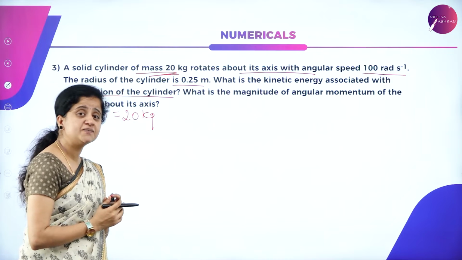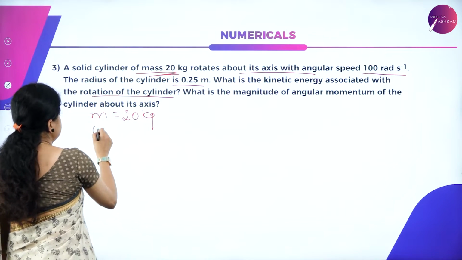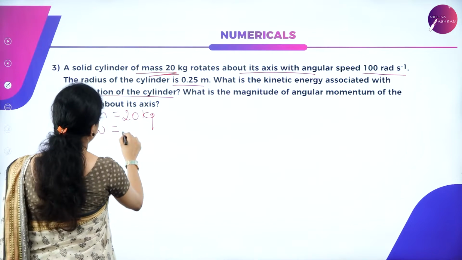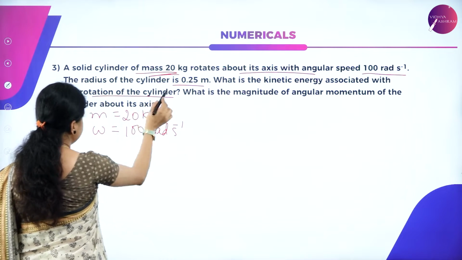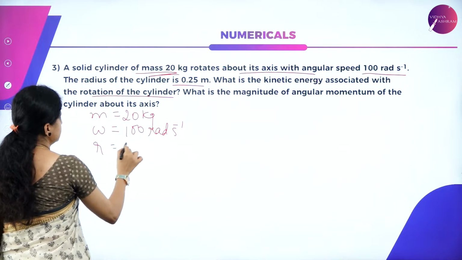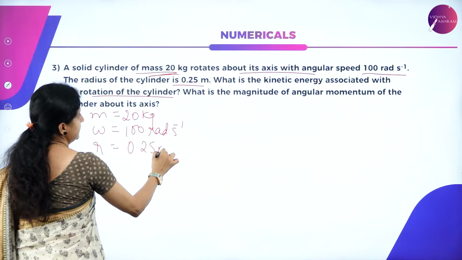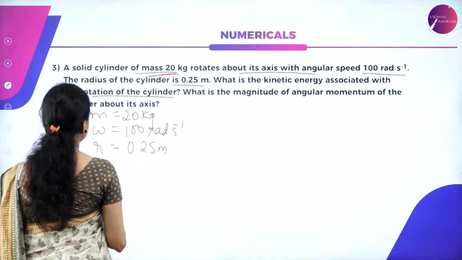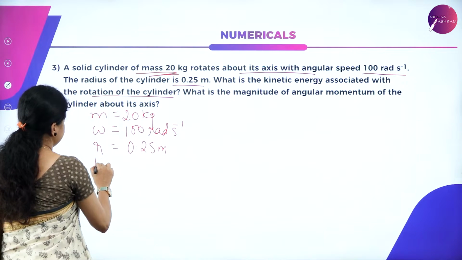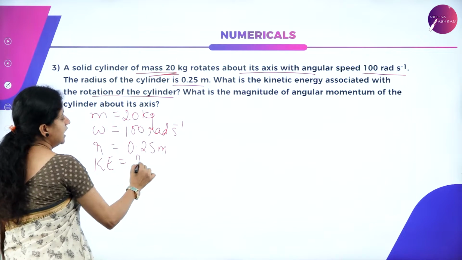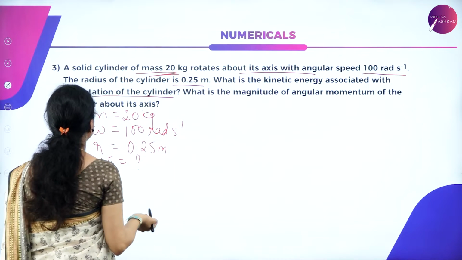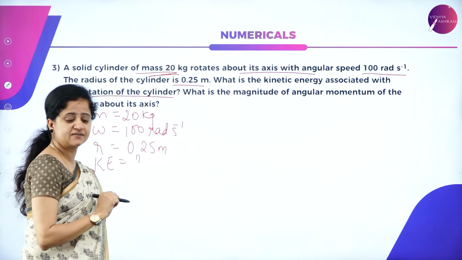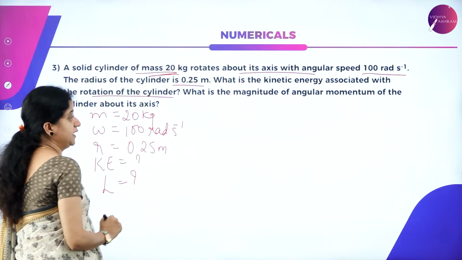Angular speed is denoted as omega, that is 100 radians per second. The radius of the cylinder is given, that is r is equal to 0.25 meter. We have to find the kinetic energy associated with the rotation of the cylinder. We even have to find the angular momentum.